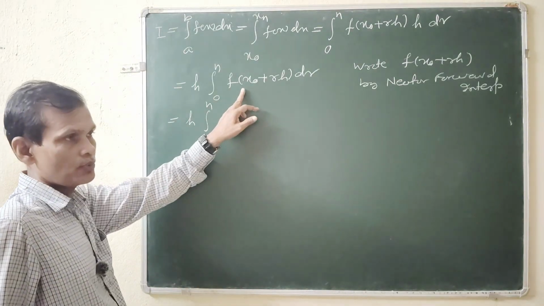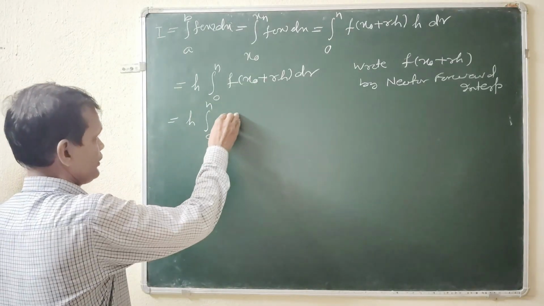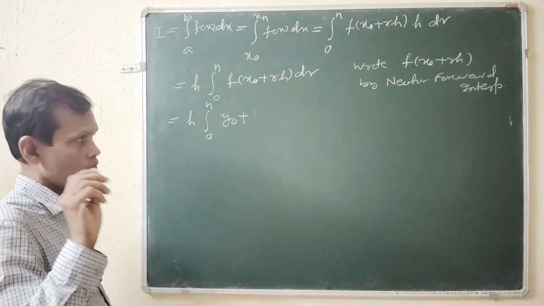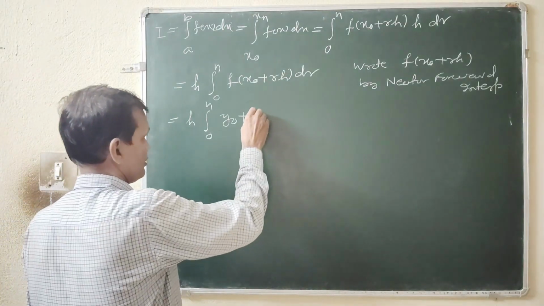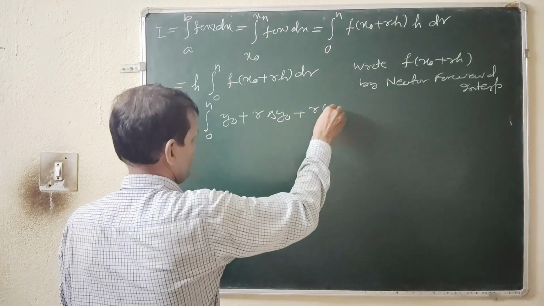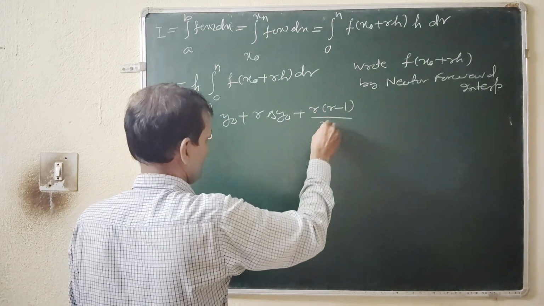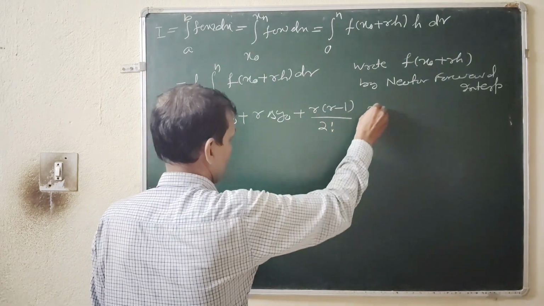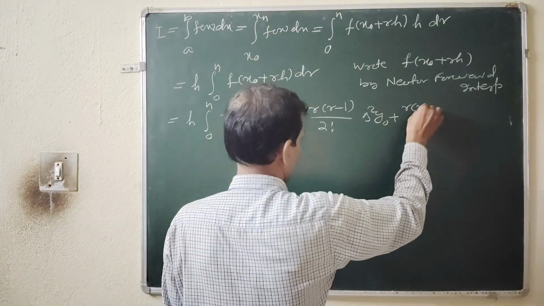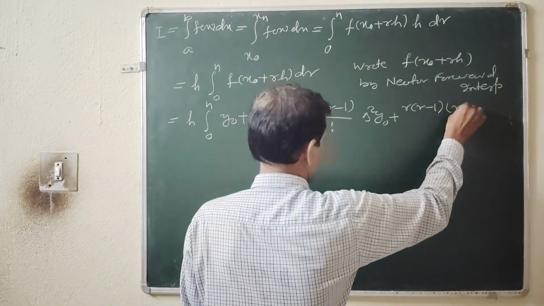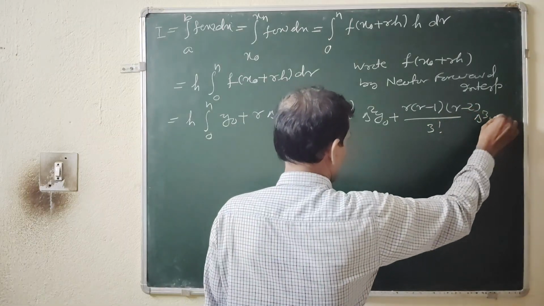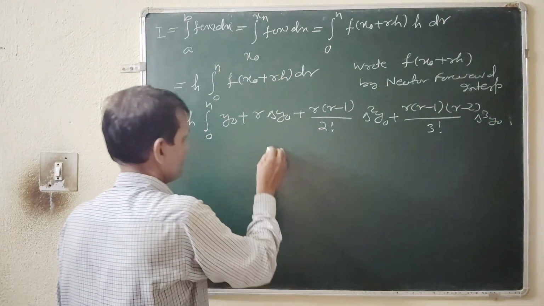What is the formula for Newton's forward interpolation formula? That is y0 plus r delta y0 plus r into r minus 1 by 2 factorial delta square y0 plus r minus 1 r minus 2 by 3 factorial delta cube y0 and so on.